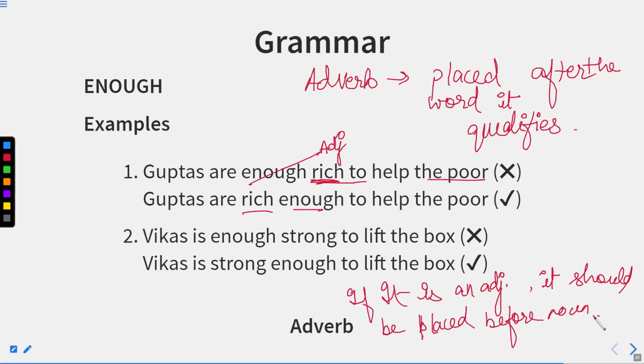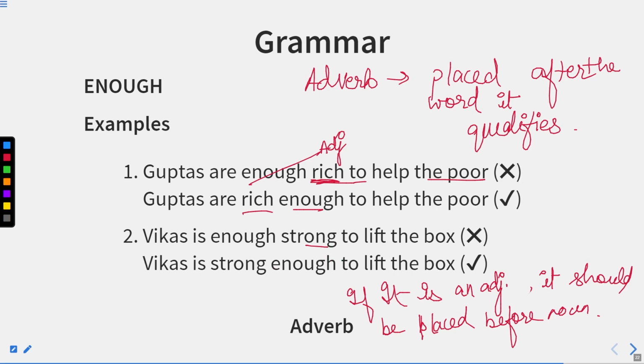That's it. Now, these are the 2 points. If enough behaves like an adverb, it should be placed after the word it qualifies. It means after the adjective, after the verb, after another adverb. But if it is an adjective, it should be placed before the noun.